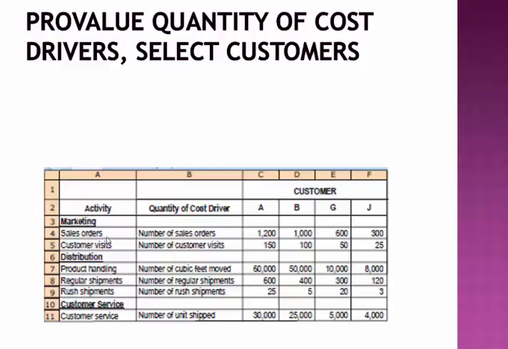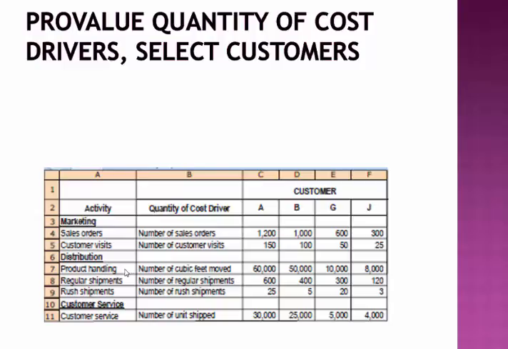We needed to know the number of sales orders per customer: 1,200 for A, 1,000 for B, 600 for G, and 300 for J. The number of customer visits per customer: 150 trips to A, 100 trips to B, 50 trips to G, and 25 to J.